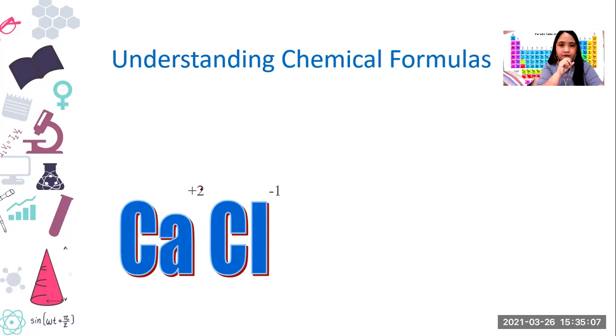If I get the oxidation number of the whole compound, that's positive 1. So it's not 0, there's a charge. So what you do, Ca is positive 2, and Cl is negative 1. Therefore, you have to add another Cl, so that's 2. 2 times negative 1 is negative 2. Positive 2 plus negative 2, the whole thing is 0. That's neutral. So the proper way of writing calcium and chlorine together is CaCl2.